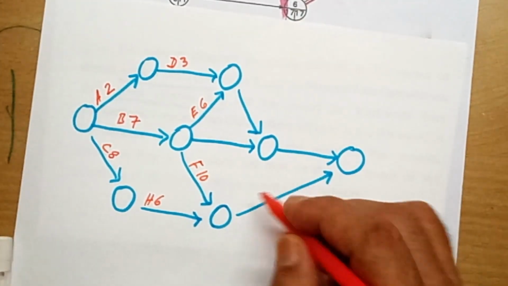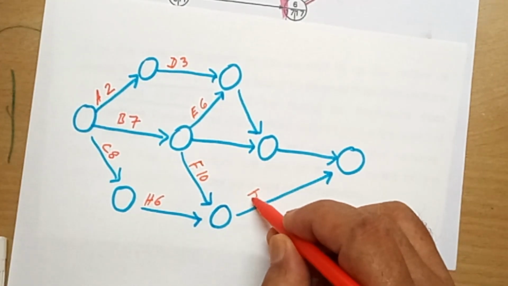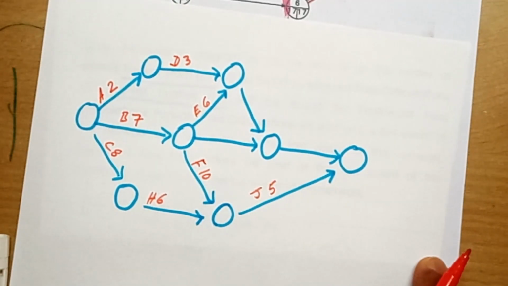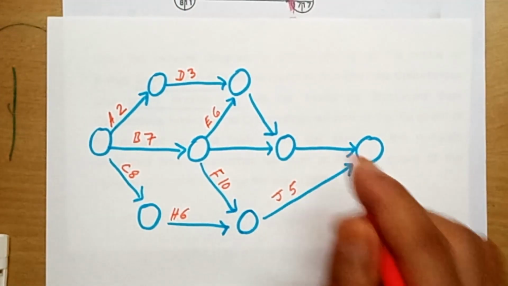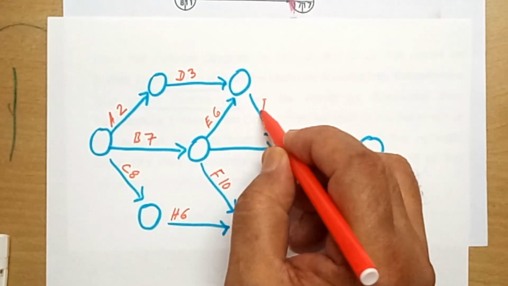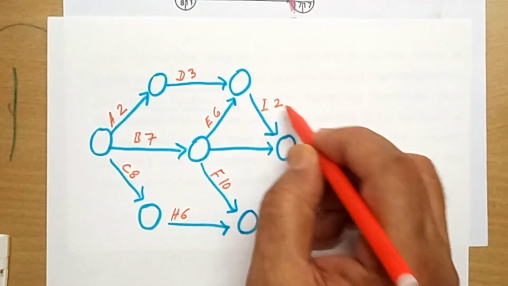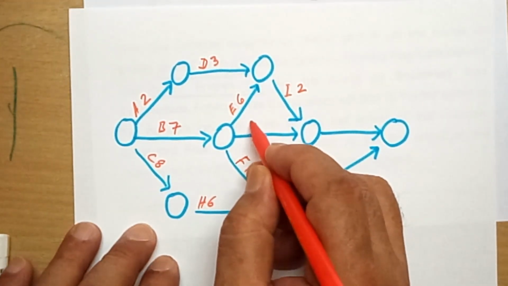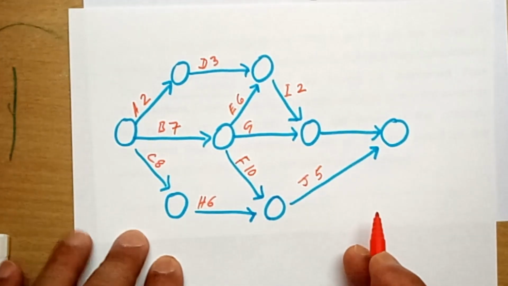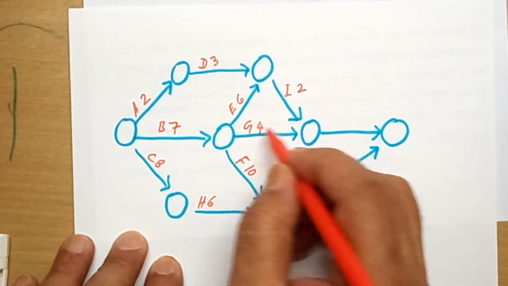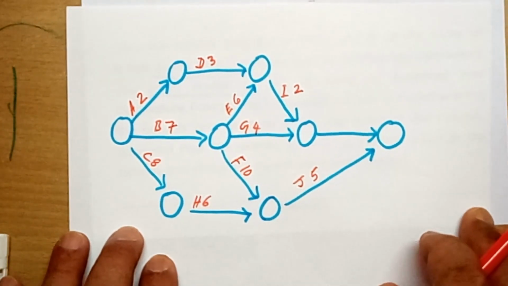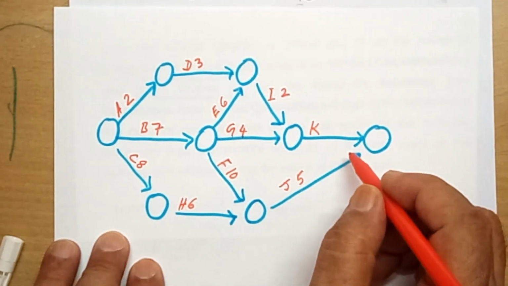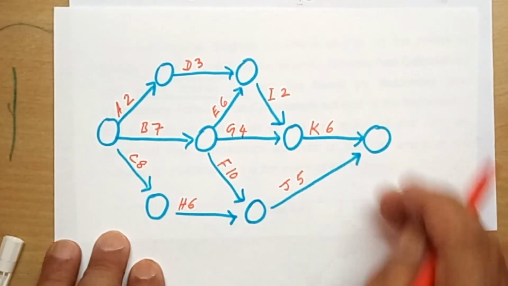Activity J, duration 5 days, right? This is activity I, which has duration 2 days. This is activity G, which has duration 4 days. And the last one, activity K, has duration of 6 days.